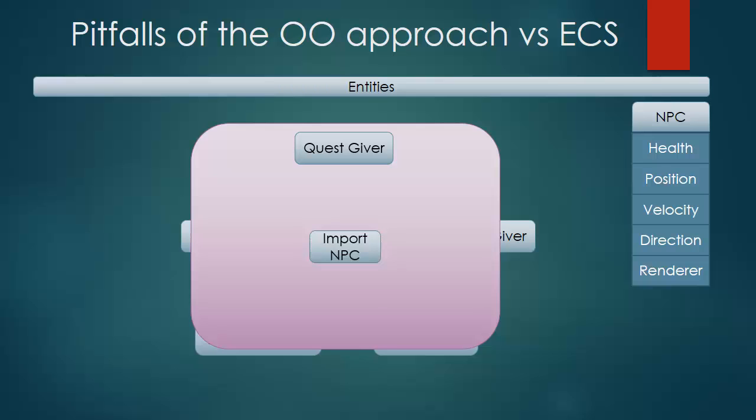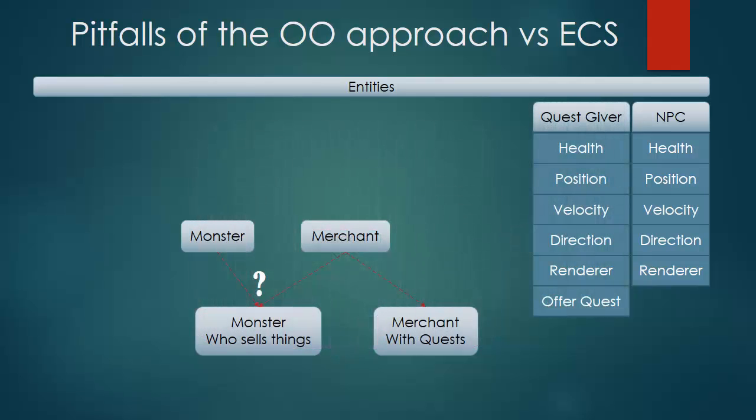But we're actually taking each one of those objects, and we're adding a health object, a position object, a velocity, a direction, and a renderer to this new one. But what's different about a quest giver, right? It offers quests. So we do that. Let's go ahead and shunt that over. Now we've got our quest giver, and we can see we just tacked the offer quests onto the end.